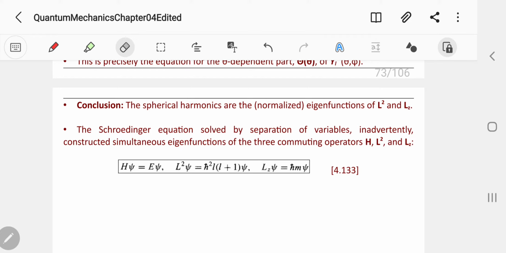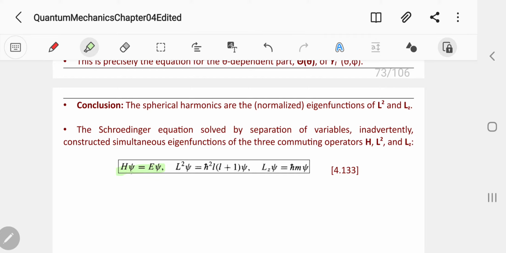So you have this one in the usual Schrodinger equation, and this one is the eigenvalue.